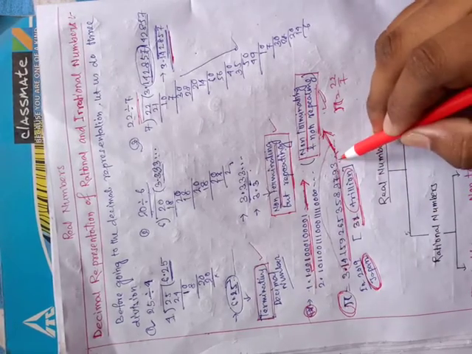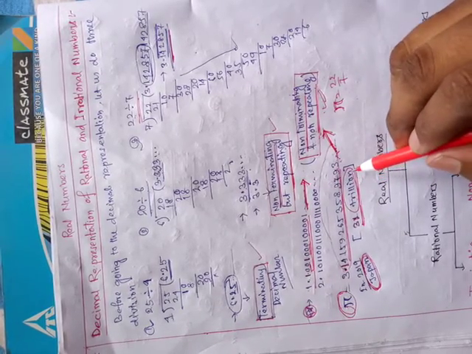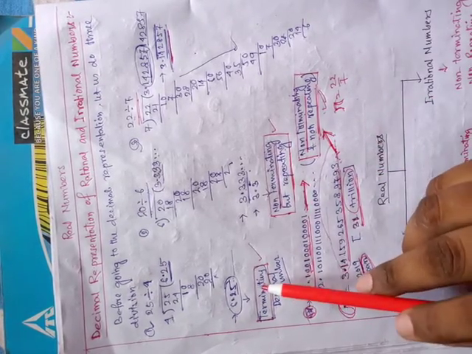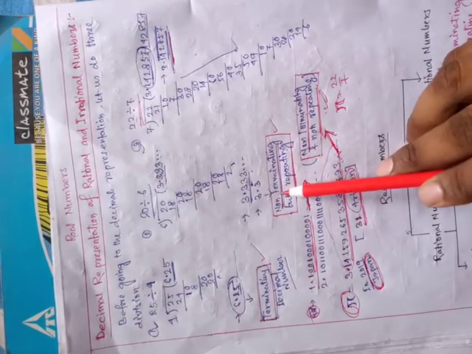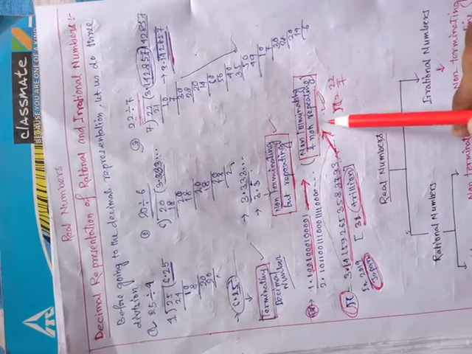So this type of process is called non-terminating, non-repeating. So there are 3 types: terminating, non-terminating but repeating, and non-terminating, non-repeating.